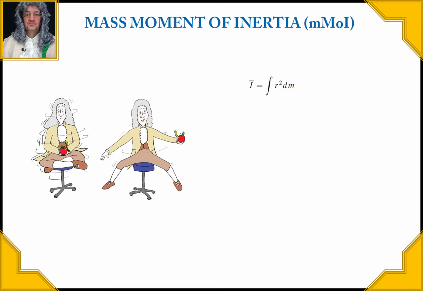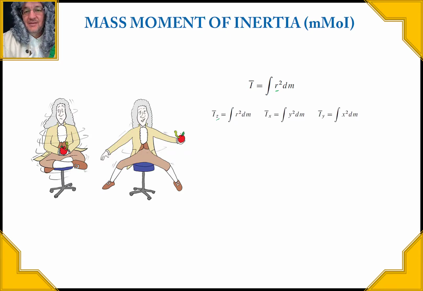So the definition of mass moment of inertia I is going to be the distance from the axis of rotation squared times dm, right? And it could be the z that we could be taking a look at, or x, or y. And by the way, this is for maybe a cylindrical piece that we might be looking at right here.